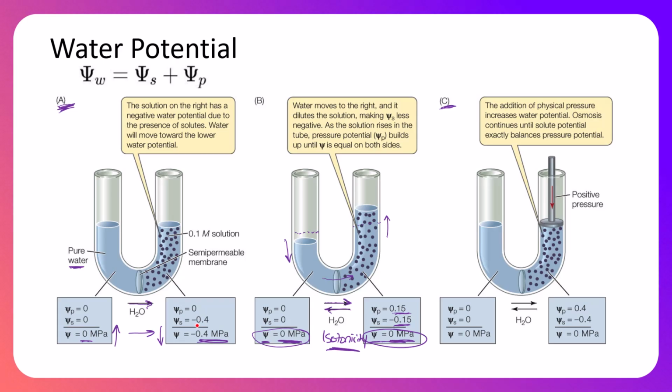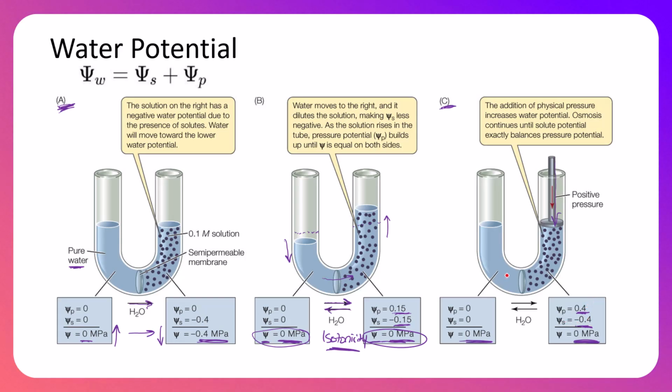The only difference between all three of these diagrams is that we exerted pressure, which is increasing the positive of this variable, and when we exert enough pressure to equal our solute potential, we're going to actually reach a zero water potential, which is identical to our starting water potential, or the water potential on the left side.